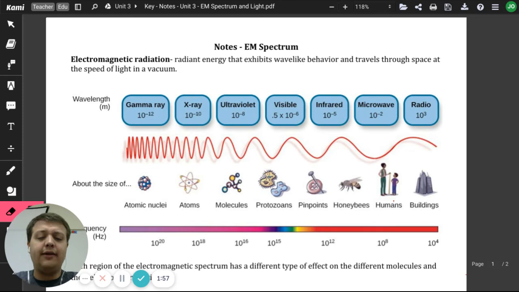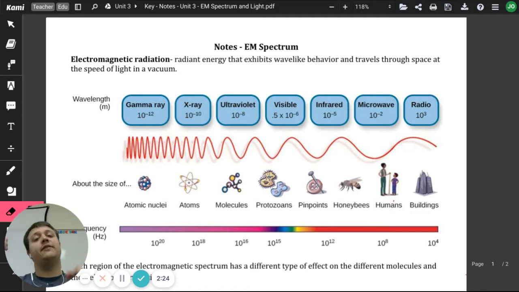So here I've got my spectrum, and in the spectrum, I've got frequency and wavelength. There is a relationship between frequency and wavelength: the longer the wavelength, the lower the frequency, and the higher the frequency, the shorter the wavelength.